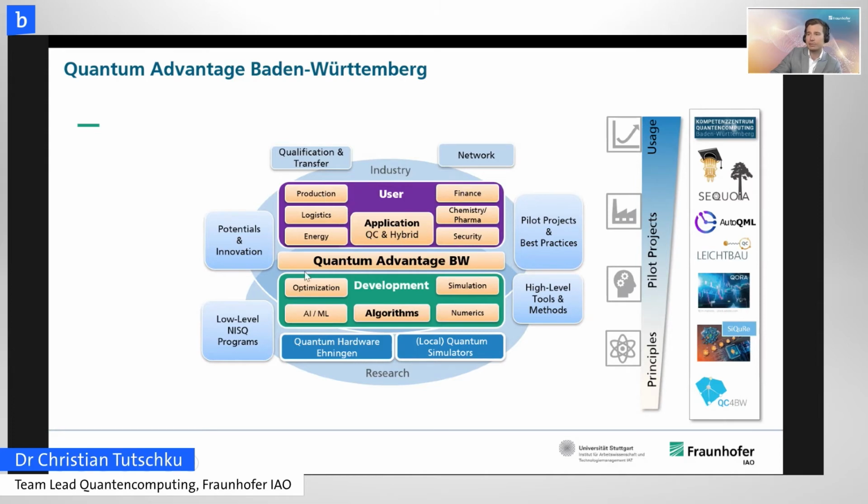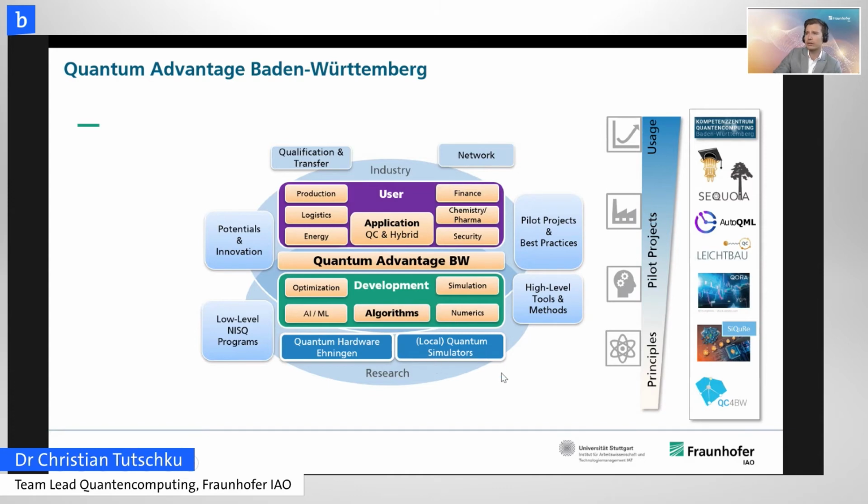We are obviously experts in optimization, so in the algorithm part: optimization, AI algorithms, the numerics for, let's say, the CFD calculation or the material simulations. And this forms this kind of quantum advantage, where we are close to the backend, which we then in the end use to calculate, and we also have, for example, at the HLRS at the University of Stuttgart, an HPC system to simulate everything.